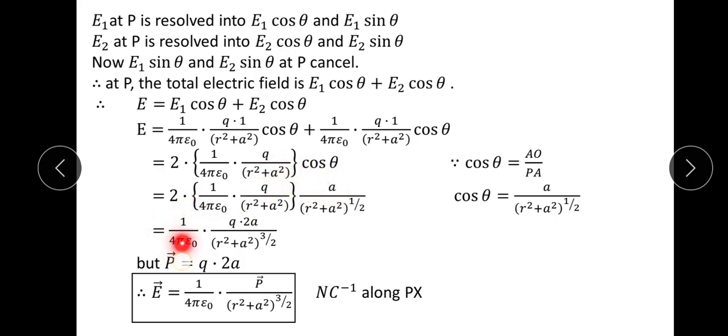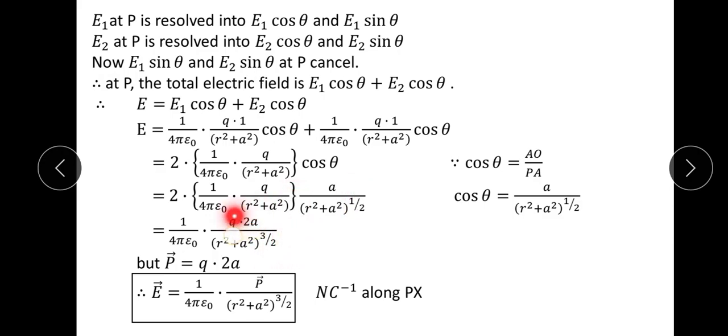So the equation becomes 1 by 4 pi epsilon naught into q into 2a divided by r square plus a square to the power of 3 by 2. Because here we have power 1 and here we have power 1 by 2, so these are two same terms. If you multiply these two terms, the powers get added up. Therefore 1 plus 1 by 2 is 3 by 2.